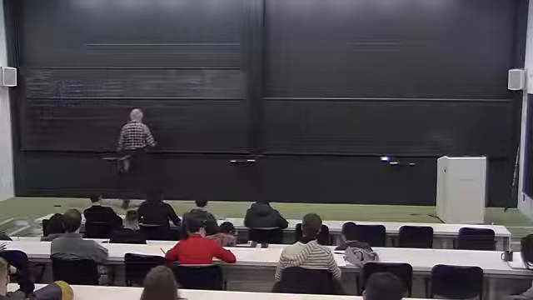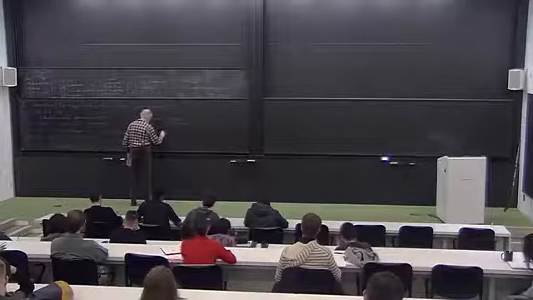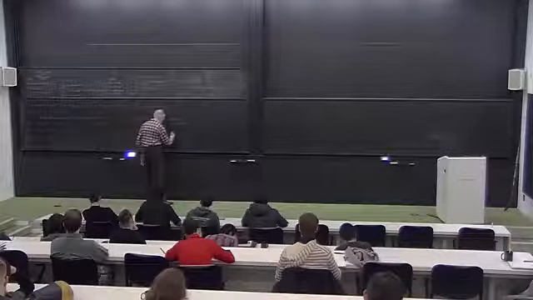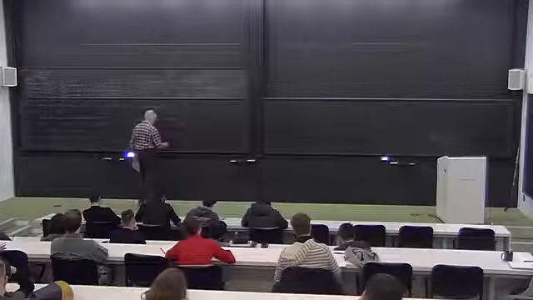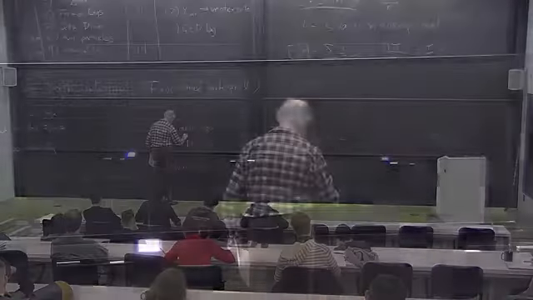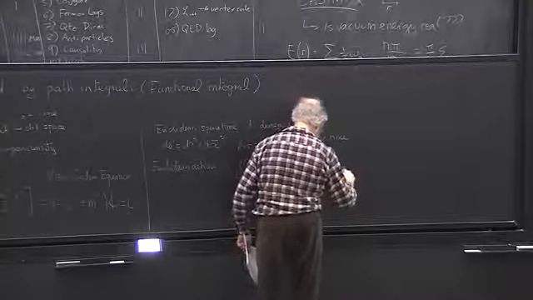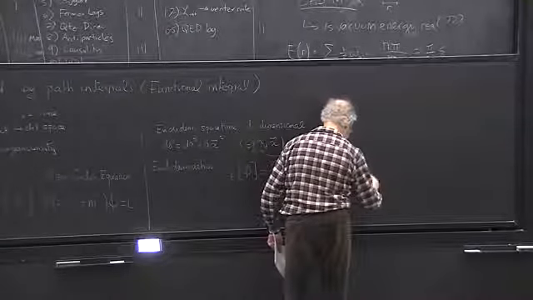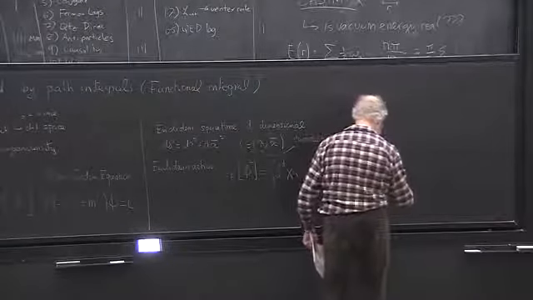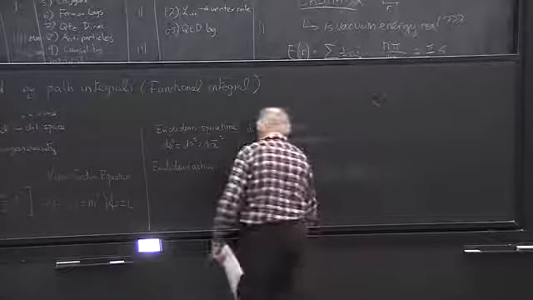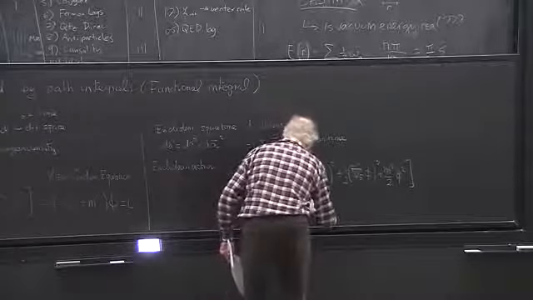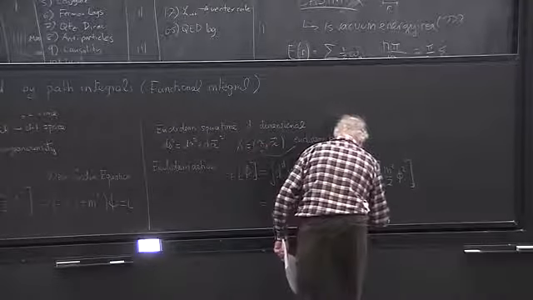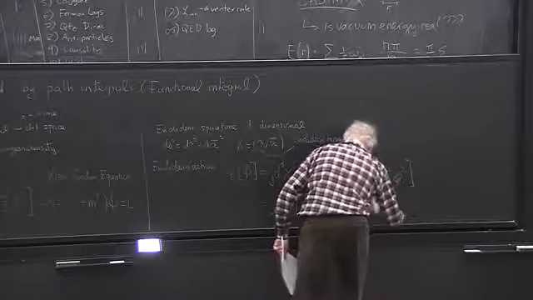So the Euclidean action S_E of phi, where phi is a field that is a function on Euclidean space-time, is the integral d^d x of 1/2 (d_tau phi) squared plus 1/2 (gradient with respect to x of phi) squared plus m squared over 2 phi squared, which can be rewritten as the integral d^d x of 1/2 (d_mu phi) squared plus m squared over 2 phi squared.